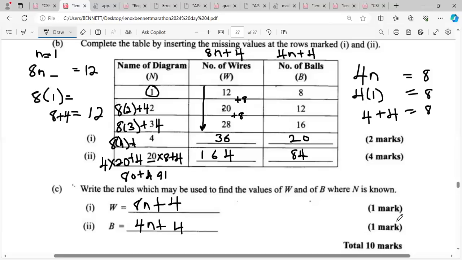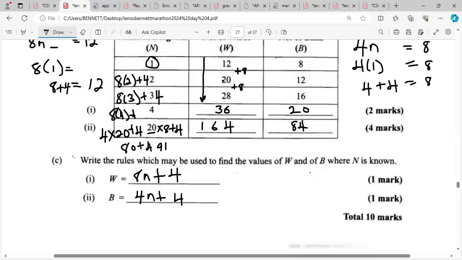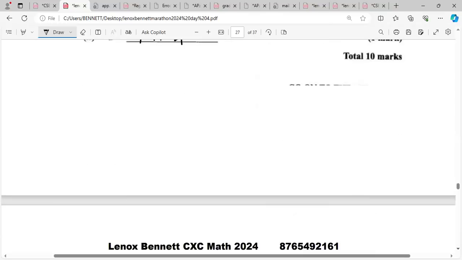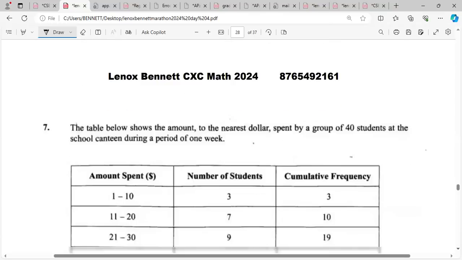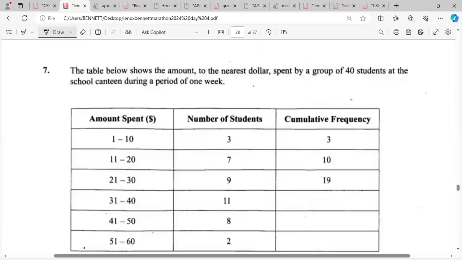Alright, let's see if we can match up some more. This one says the table below shows the amount, to the nearest dollar, spent by a group of 40 students at the school canteen during a period of 1 week.